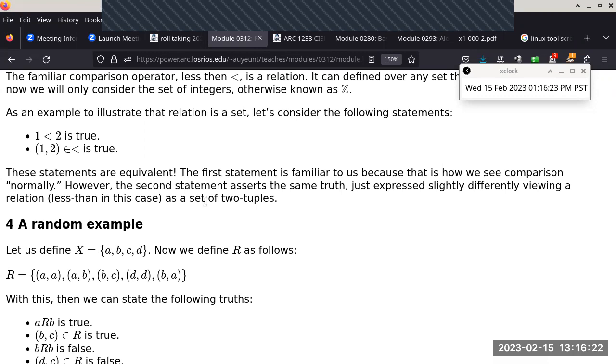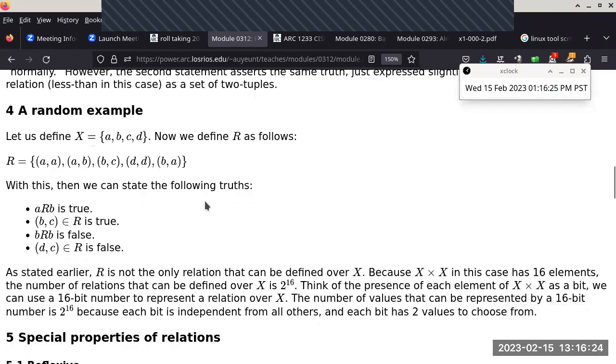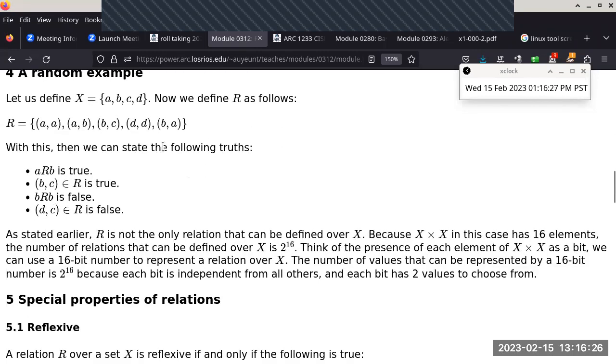Okay. So section 4 talks about a really random example. I don't even know what A, B, C, D are representing, but it is in the set X. And then we now define R as a relation over X. Okay. And this is just a random choice. So do not ask me why A is in here and so on. But what we can tell is A relates to itself. So an element can relate to itself.